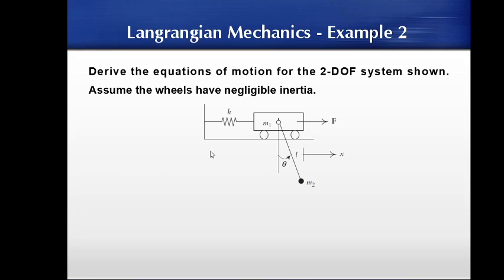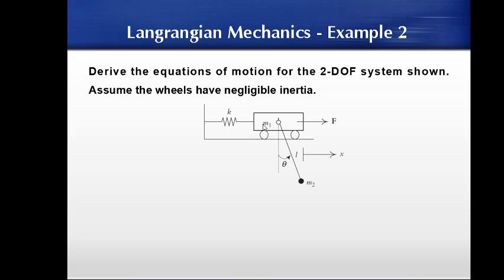In this system there are 2 degrees of freedom. One is the linear movement of the cart, and the other is the rotational movement of the simple pendulum, a concentrated mass suspended from the center of this cart.